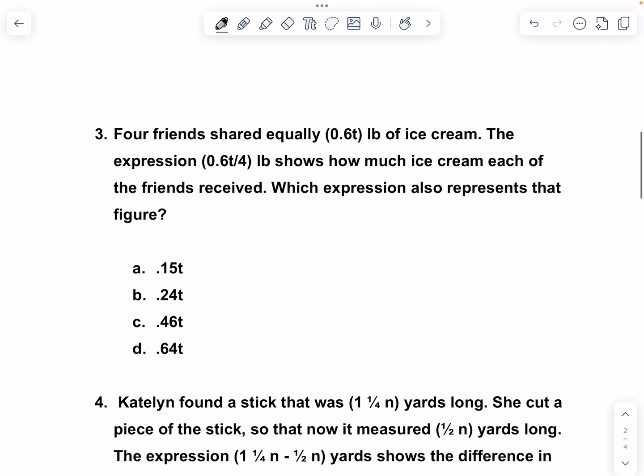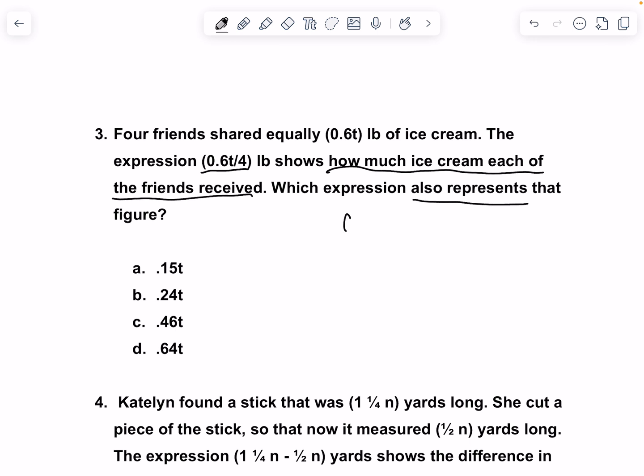Number 4 says that 4 friends shared equally 0.6T pounds of ice cream. The expression 0.6T divided by 4 pounds shows how much ice cream each of the friends received. Which expression also represents that?